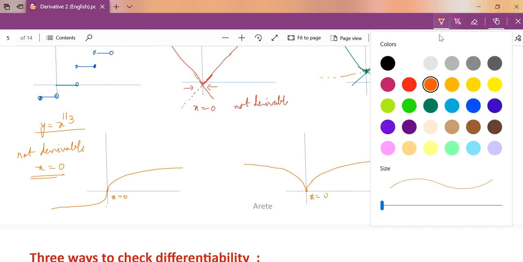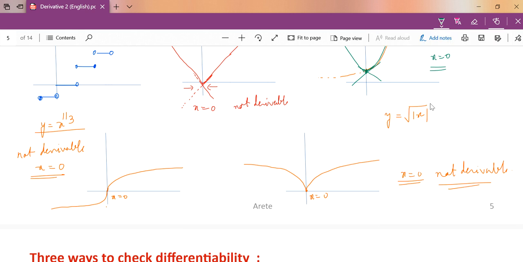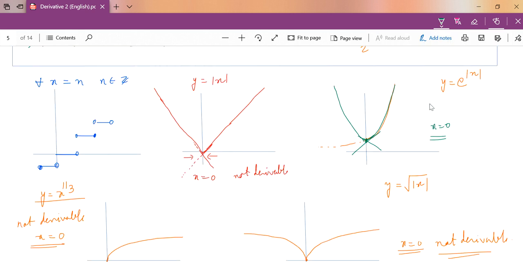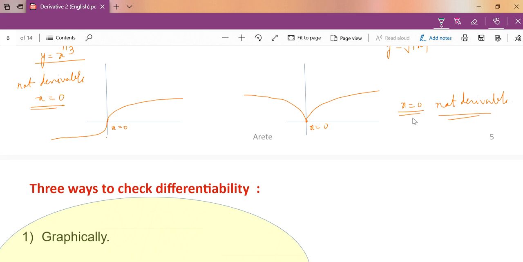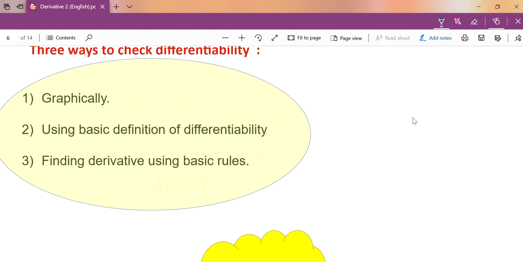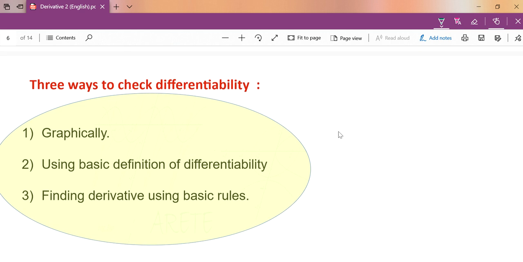Now let's do something more. Here I just drew the graph and showed you what is happening, because that is the understanding behind it. Now we may get different kinds of functions. How do we check whether my function is differentiable or not, or what are the points where it will not be differentiable? So let's brush up through these points.